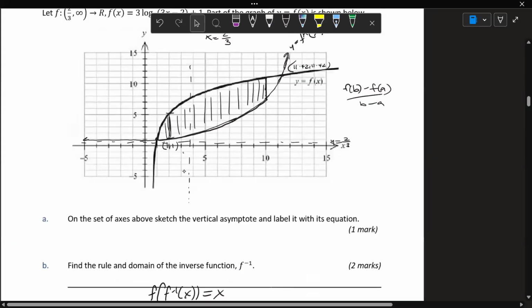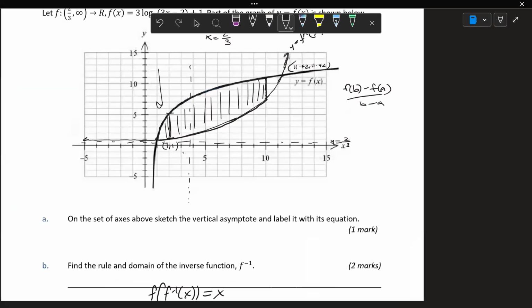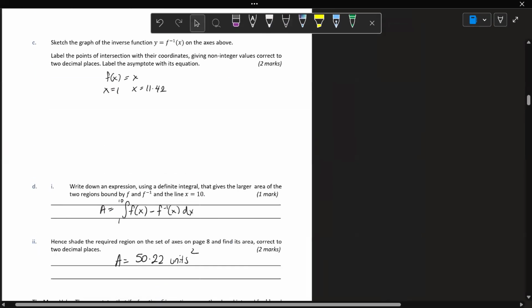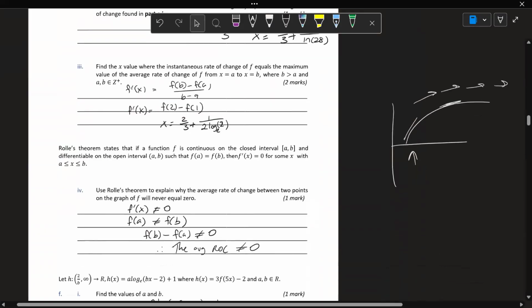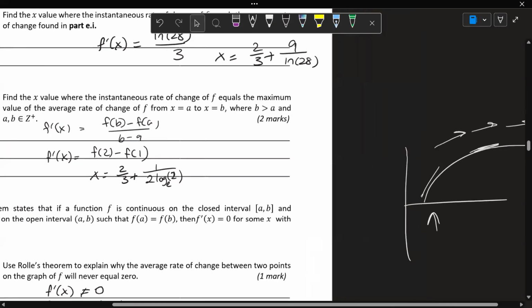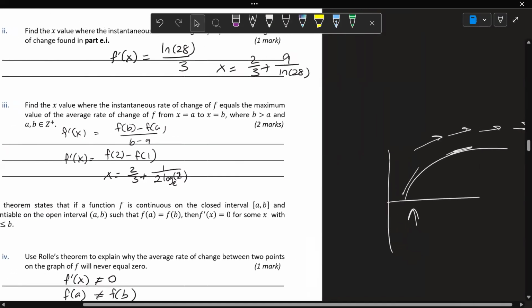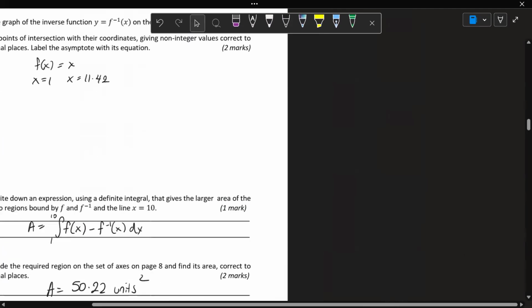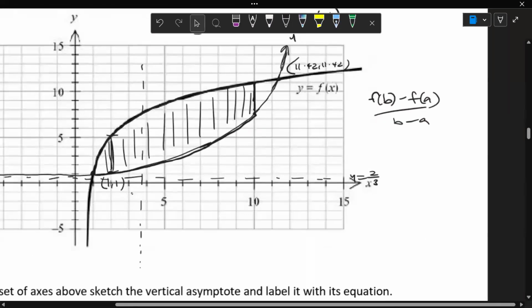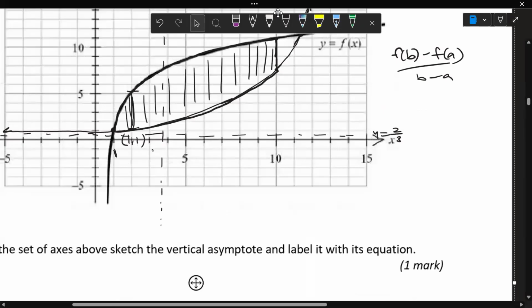And when you look here, it's the same case here. So the maximum average rate of change occurs in this region here. And a and b, which are the points you're using, are positive integers. So what are the positive integers here? There's one, and then there's two, and then there's three here, I guess.